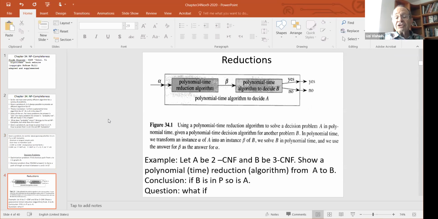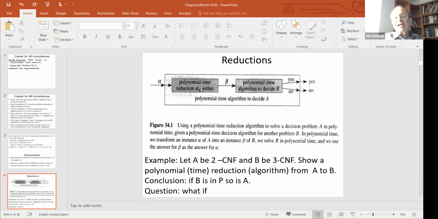But what I showed you is a formally correct reduction from 2 CNF to 3 CNF. The time for doing the reduction is trivial. You just go over every clause and you do this stupid thing. So the time is obviously polynomial.